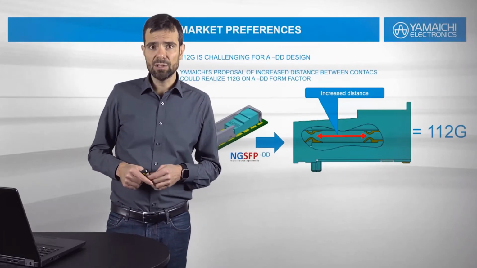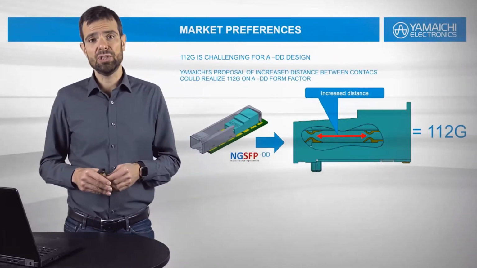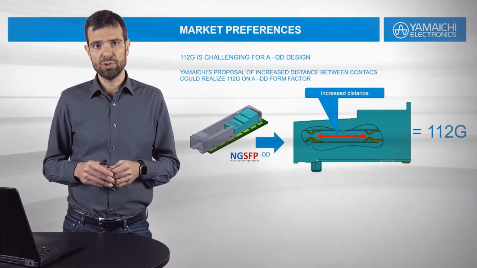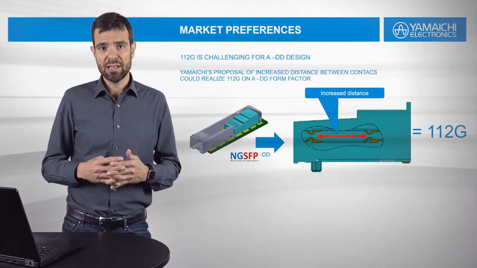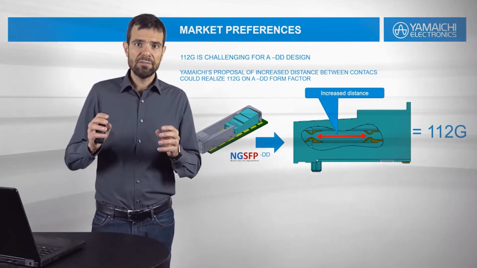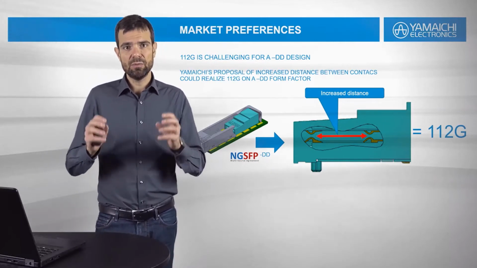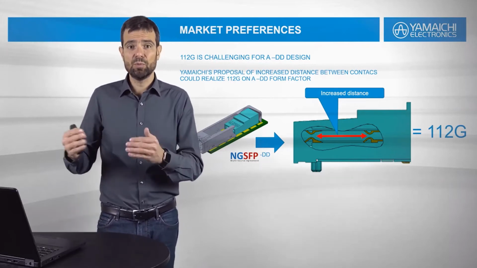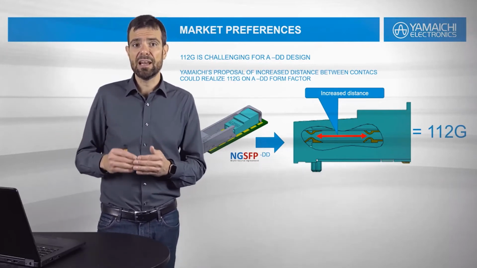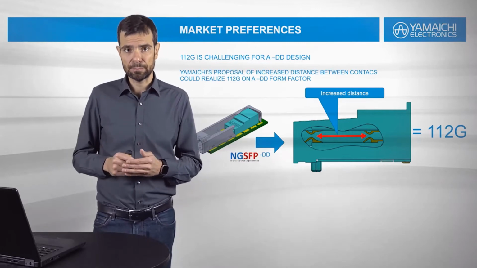We think that 112G is very challenging for the double density approach. So with NGSFP, Yamaichi suggested to significantly increase the distance between the first and the second row. And this was possible because we skipped one innovation cycle and designed directly for 112G.